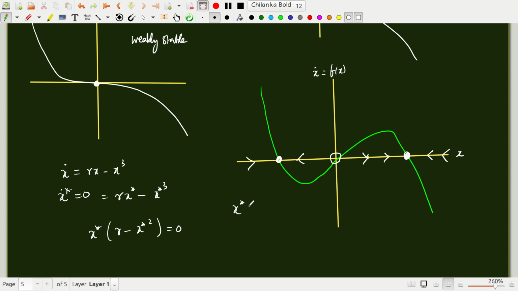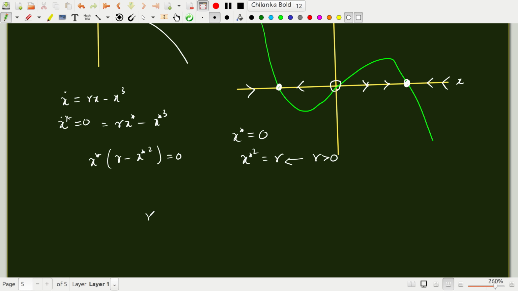There are three solutions. x star is 0, or x star squared is equal to r. This has real solutions only for r greater than 0. Therefore, for r less than 0, there is only one solution. For r greater than 0, there are three solutions: x star is 0, x star is equal to plus root r, x star is equal to minus root r.